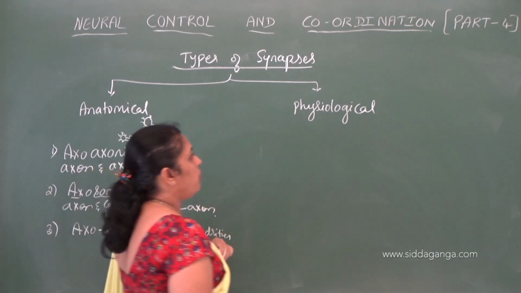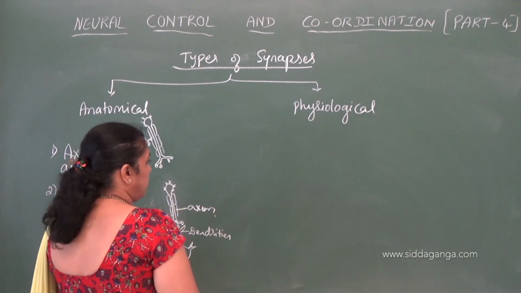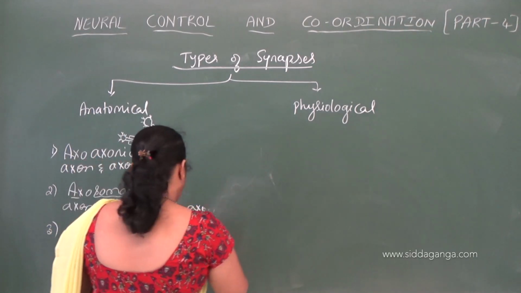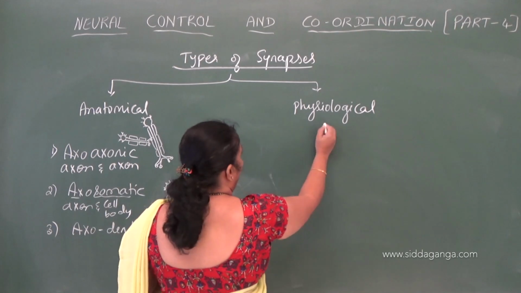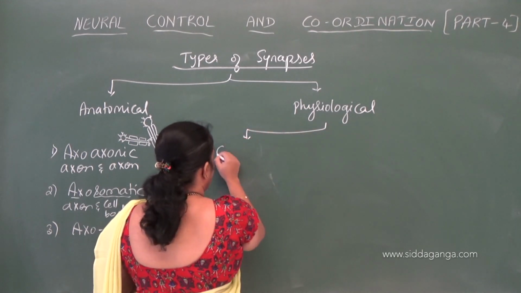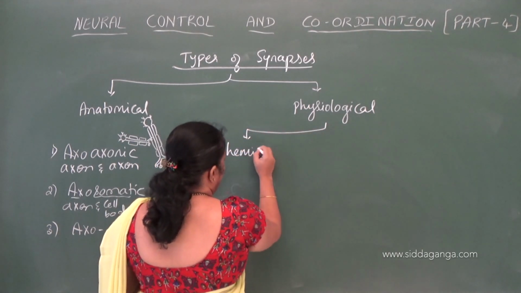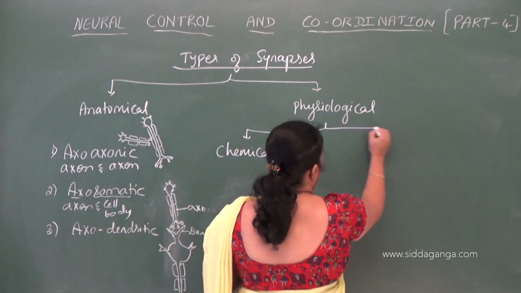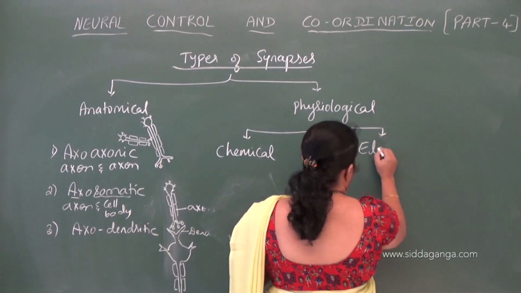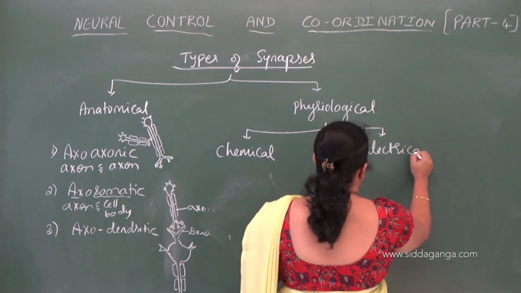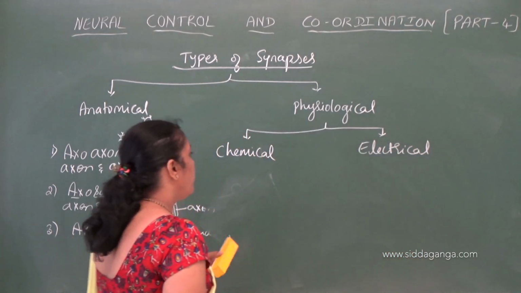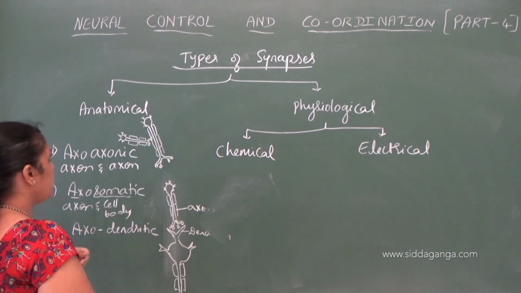Then we will go with the physiological classification. Under physiological classification, we have two types: chemical synapses and electrical synapses.